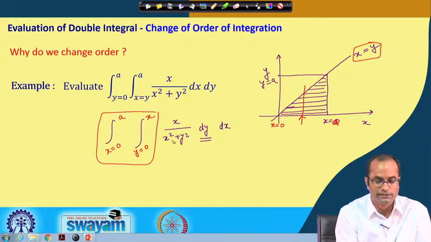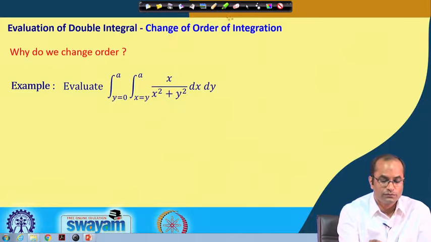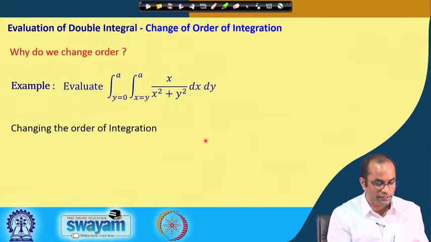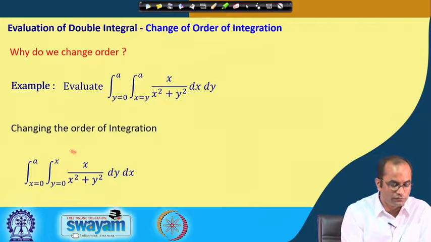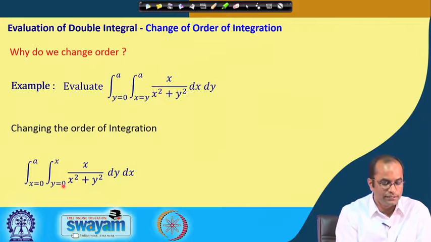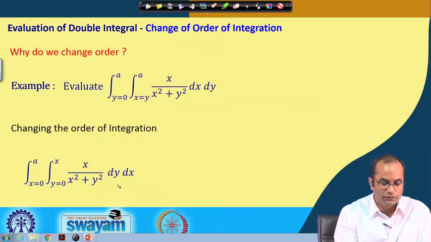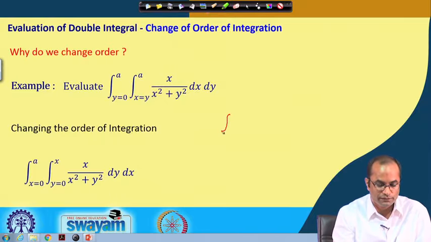So, we have the 1 over x square plus y square term. So, let us just go through here. What do we have now? After changing the order of integration, y goes from 0 to x and x goes from 0 to a. While integrating the inner one first, we fix the outer one, x from 0 to a.